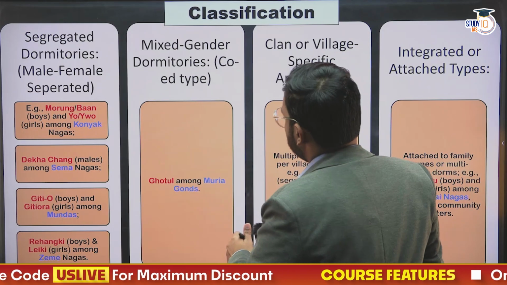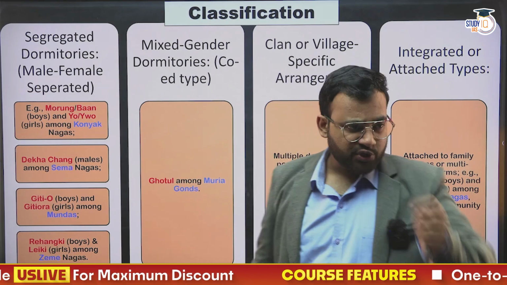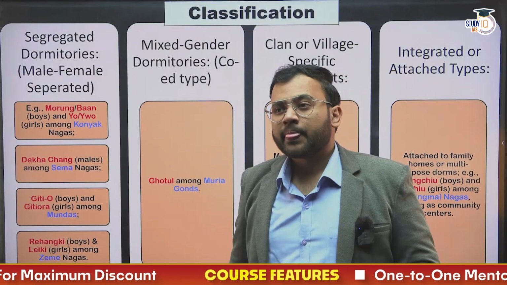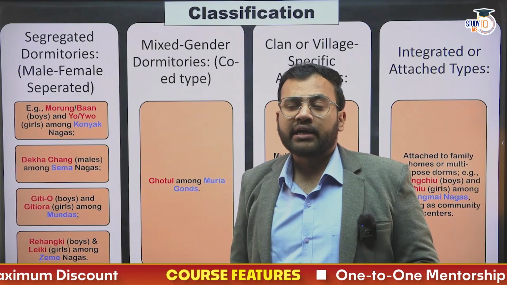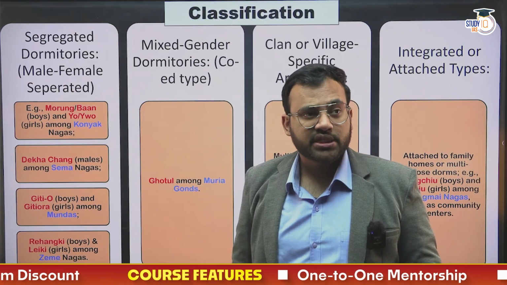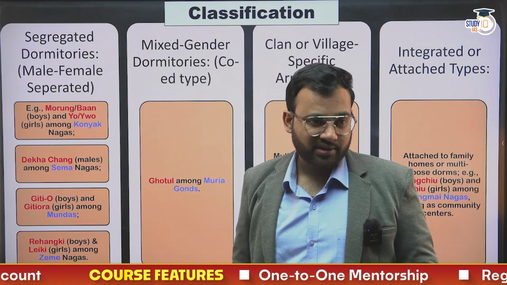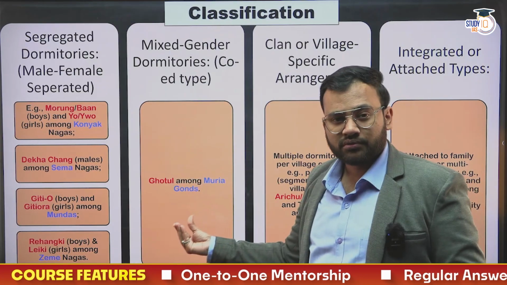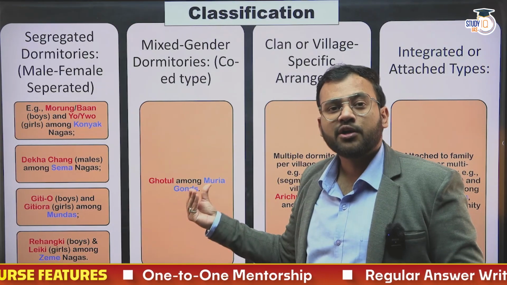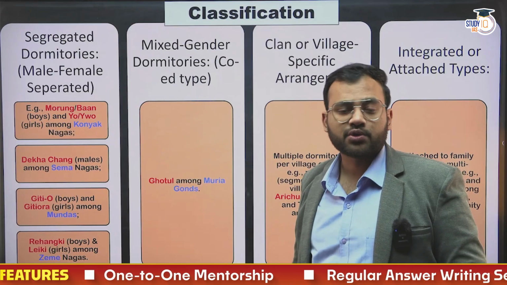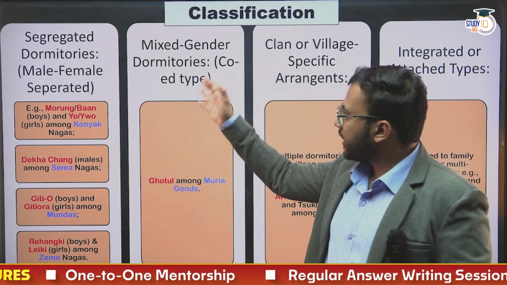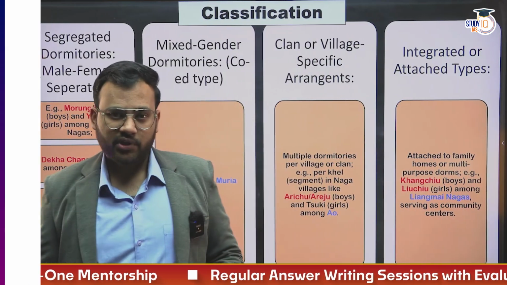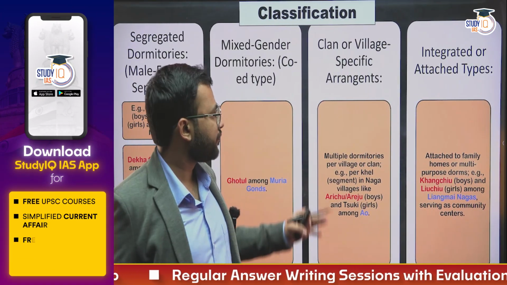We can write it here somewhere, or you may put a note in your rough notebook or diary, of a youth dormitory called Mandoghar, which is seen among the Juangs of Odisha. Okay? Coming back to the mixed dormitory, Ghotul, which is seen among the Muria Gonds and has been studied by scholars like Verrier Elwin, is a very good example of this mixed dormitory, which is also called a co-ed dormitory. Okay? Male and female live together here.